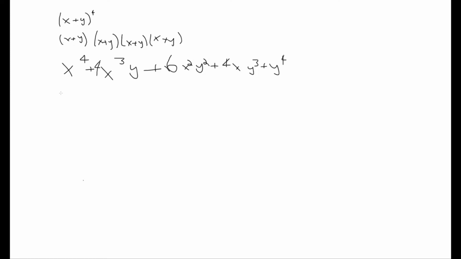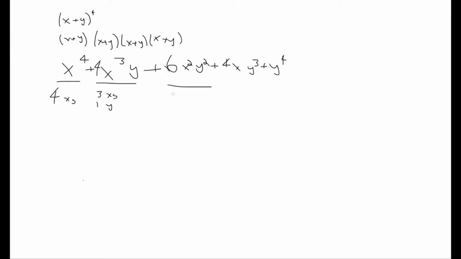Well, you might notice that this x to the 4th is a combination of 4 x's. This 4x cubed y, this x cubed y here, is a combination of 3 x's and then 1 y.